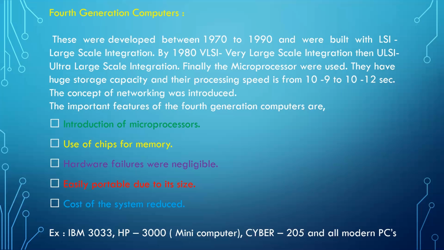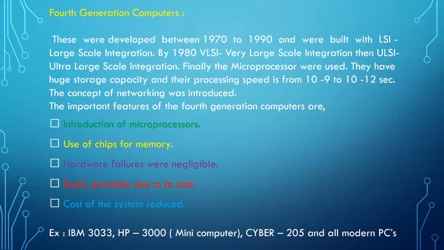And the last important feature is cost of the system reduced, compared to the previous generation computers. If you observe, right from the first generation to this fourth generation, the technology is improving day by day.